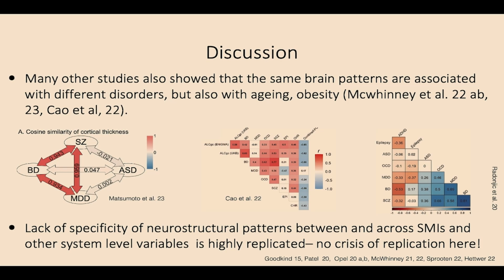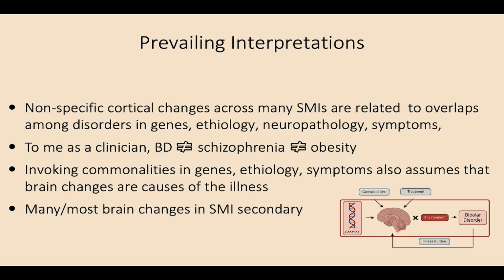So this lack of specificity of neurostructural patterns between and across SMIs and other system-level variables is highly replicated. There is no crisis of replication here. Now, the prevailing interpretation of this pattern is that these non-specific cortical changes across many conditions are related to overlaps among the disorders in genetic underpinning, etiology, neuropathology, or symptoms.